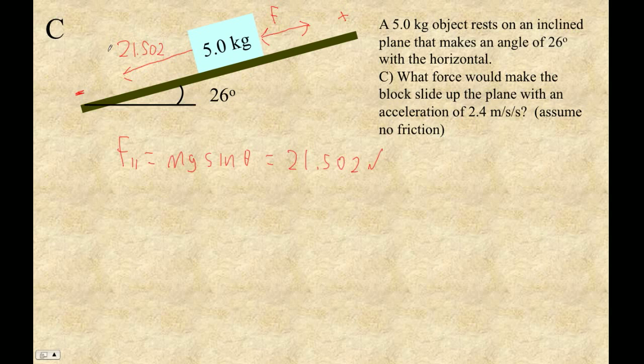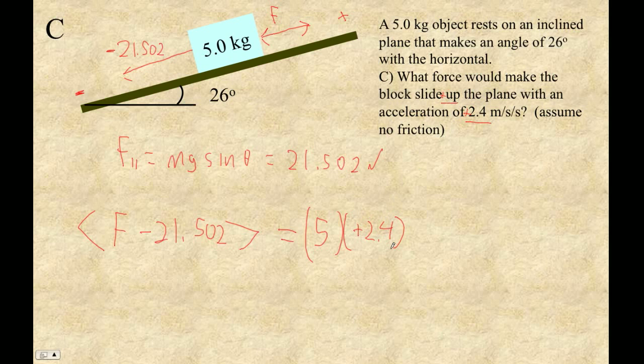21.502 is down the plane, so now our forces are unknown force minus 21.502 equals 5 times the acceleration, which is up the plane, so that's a positive 2.4.